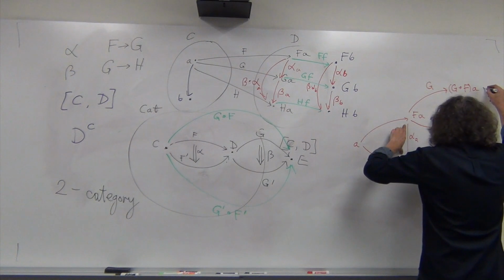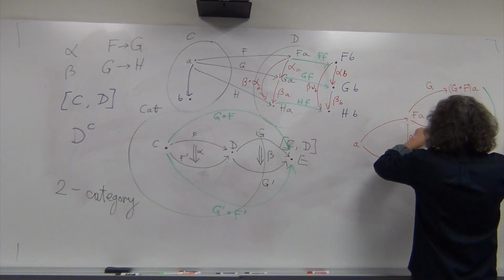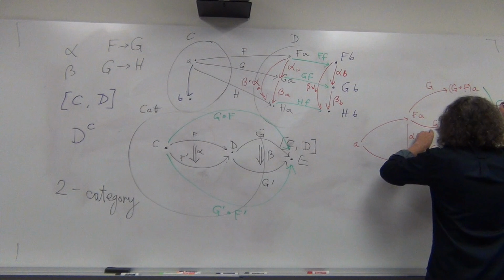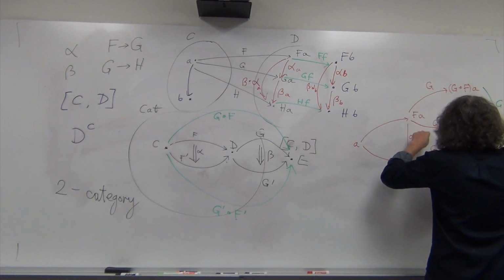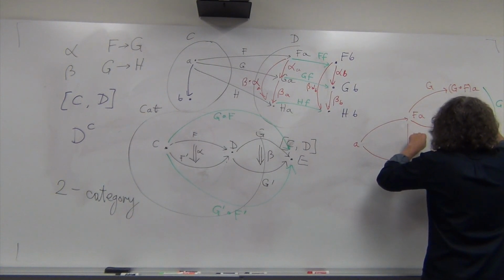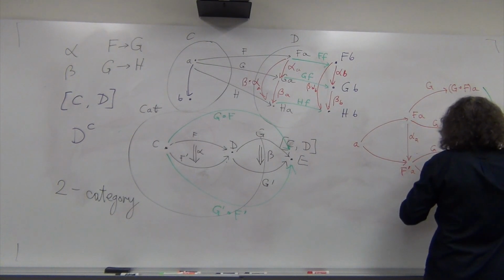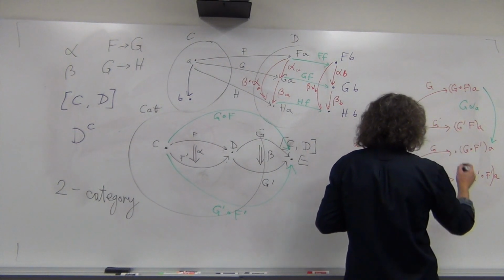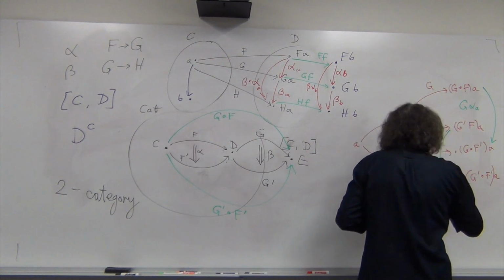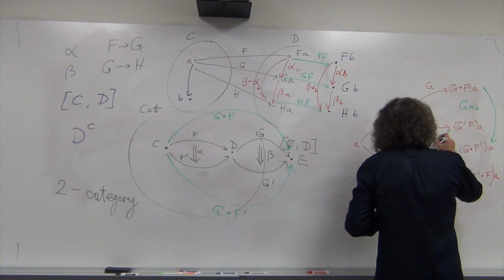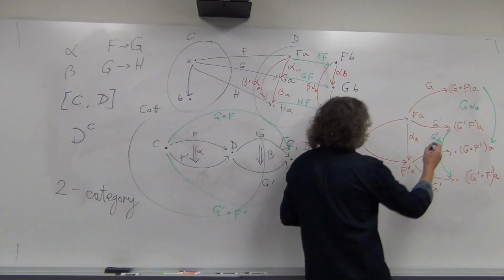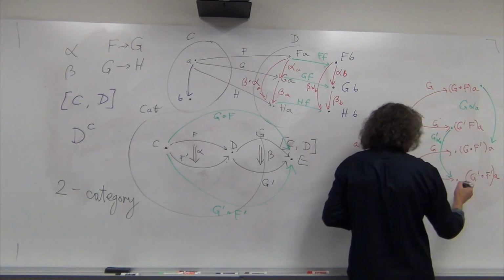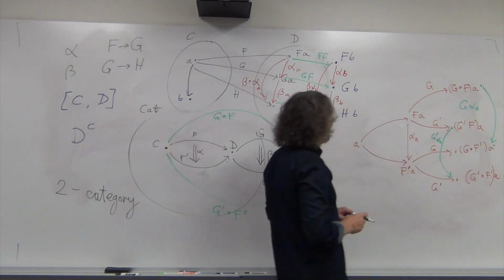So this is G lifting alpha A. And this guy, of course, will be G prime lifting alpha A, right? Are you chasing this diagram? Okay.